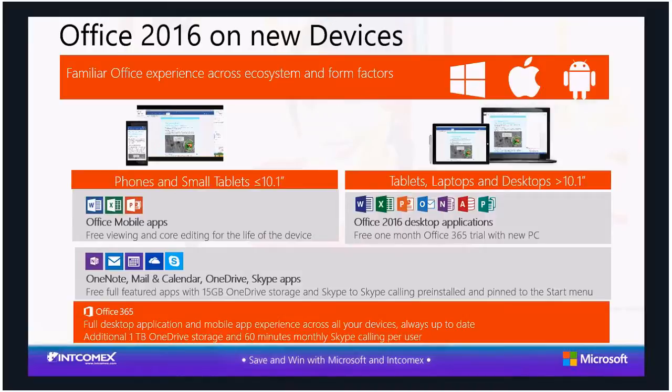So when we sell devices to our customers, it doesn't matter the ecosystem. It can be the phone and small tablets ecosystem or the tablet, laptops, and desktop ecosystem. Both of those areas usually want to have productivity applications, right?